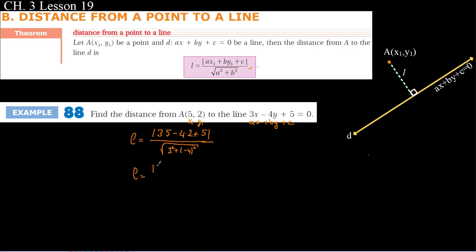Here 3 times 5 makes 15, minus 4 times 2 makes 8, plus 5, then all over 3 squared plus (minus 4) squared, which is 9 plus 16. Then L is equal to the absolute value: 15 minus 8 is 7, plus 5 is 12. So the absolute value of 12 over the square root of 25, which gives L equal to 12 over 5.